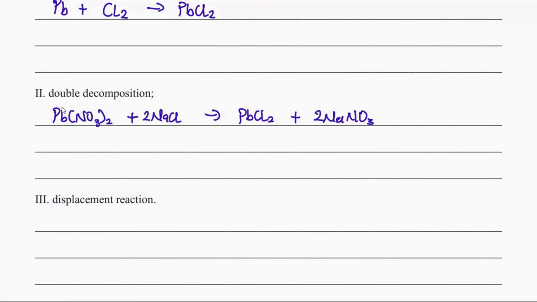Double decomposition is double displacement. It's more like a positive hand taking the negative hand of the other compound, and the positive hand taking the negative. So they are just displacing each other.